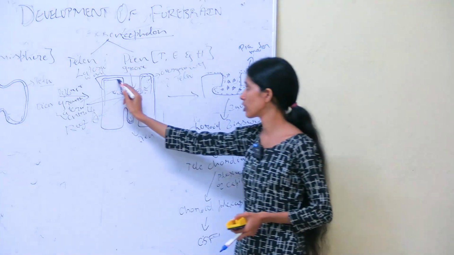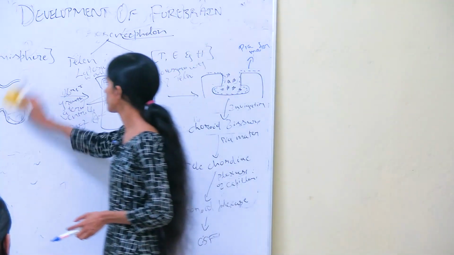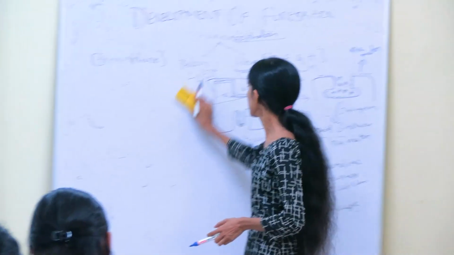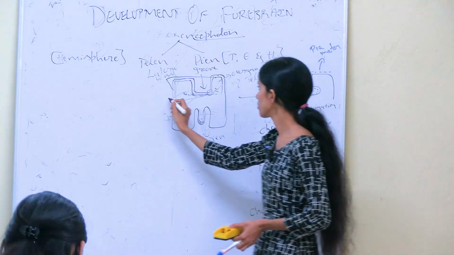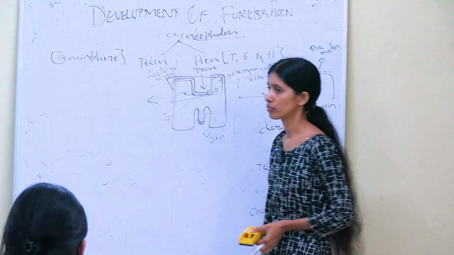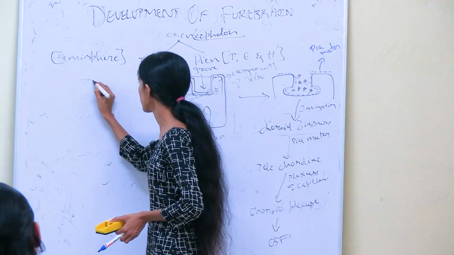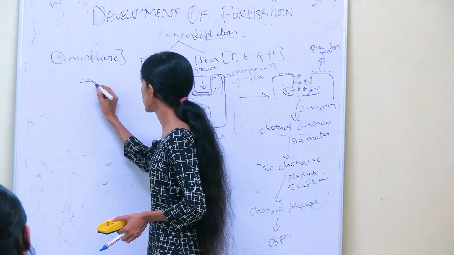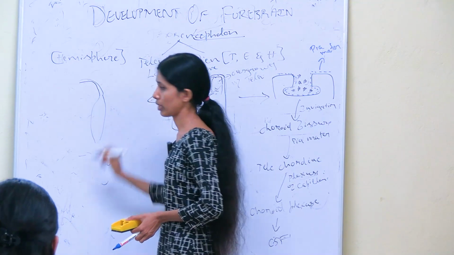So what happens in your lateral walls region? Any idea? What happens in the lateral ventricle region? In your lateral walls, we have two parts. This is the first part and this is the second part.